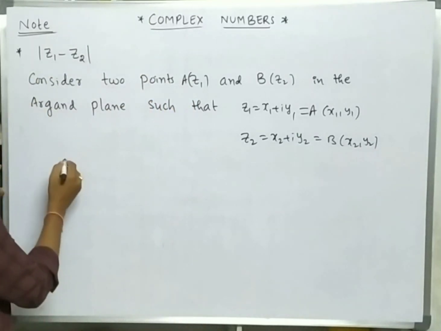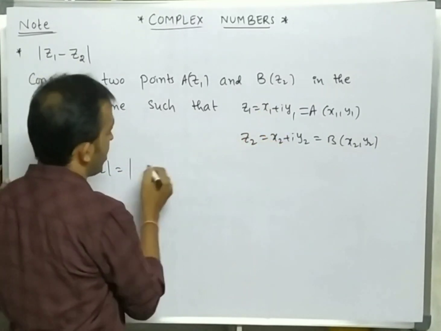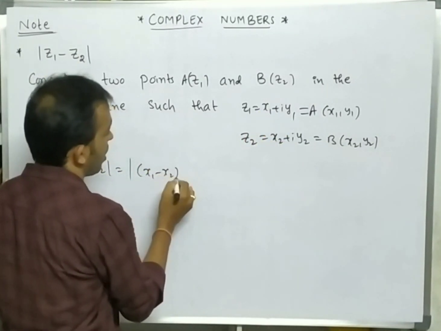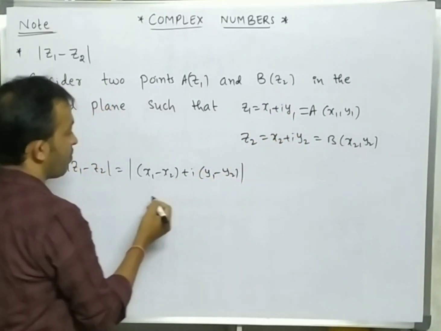Now what does z1 minus z2 become? Doing the subtraction, you get x1 minus x2 plus i times y1 minus y2.